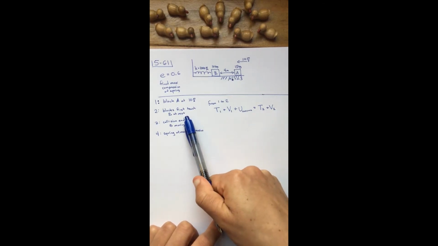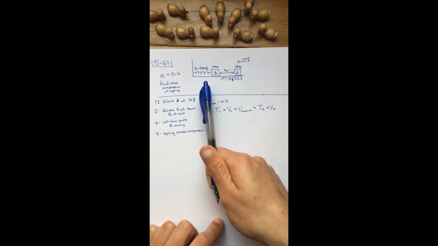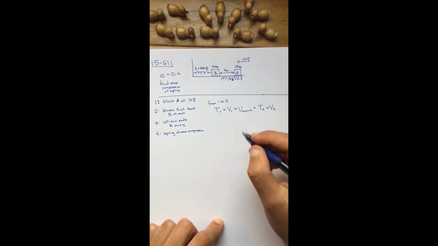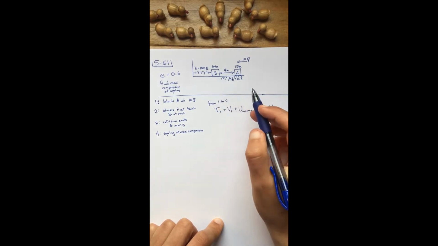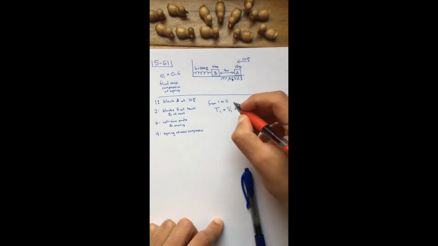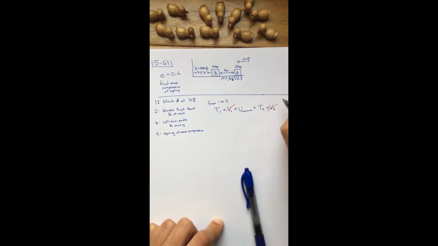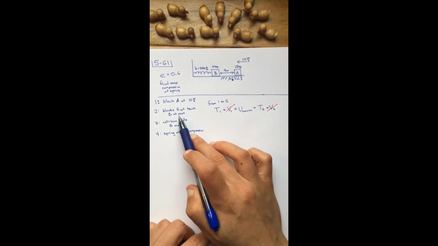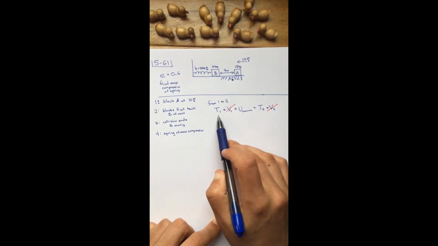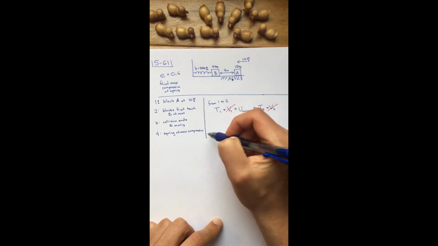Well, at event 2, B is still at rest, so the spring is still at its rest length because the spring was initially unstretched, and the blocks are moving on the horizontal surface, so the height is not changing. So I have no change in gravitational potential energy and no elastic potential energy. And block B is at rest to begin with. At event 2, block B is still at rest, so the kinetic energy I have is just from block A.